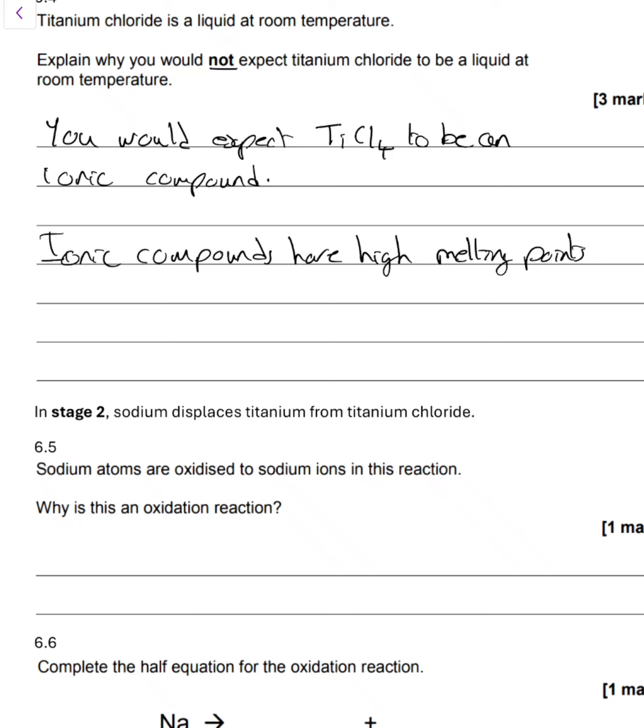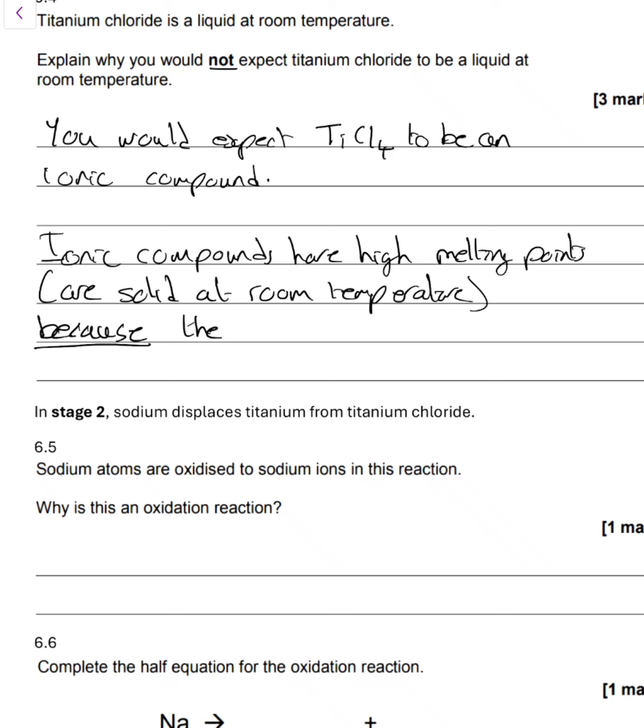Okay, or you can put in brackets are solid at room temperature. But now we need to give a reason why. So because, ever important word in science, because the forces of, I'm going to actually use the word electrostatic forces.